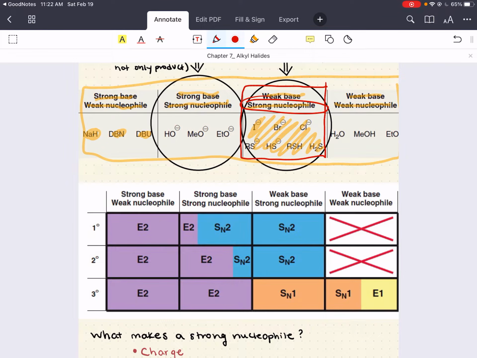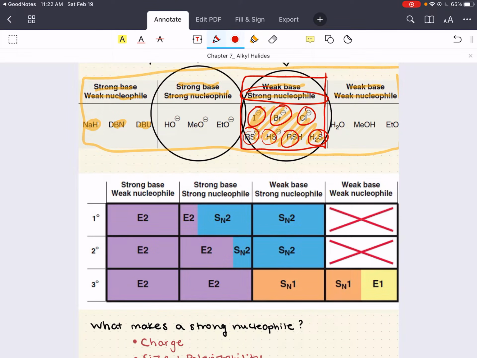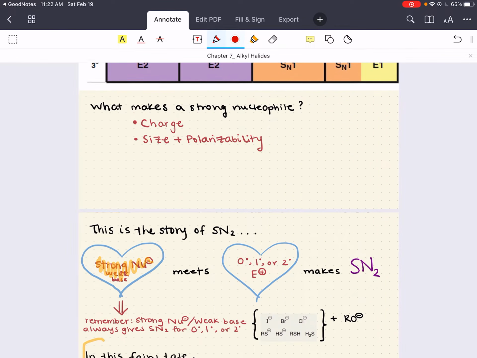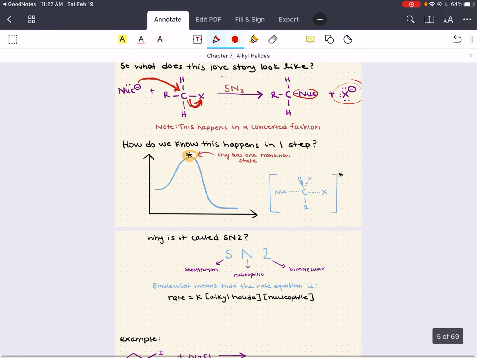If you have a strong nucleophile, weak base, which can be any one of these 7 strong nucleophile weak bases, and your alkyl halide is primary or secondary, you will always only get SN2 reaction, and you will only ever get SN2 products.